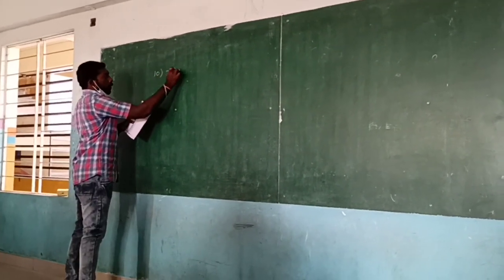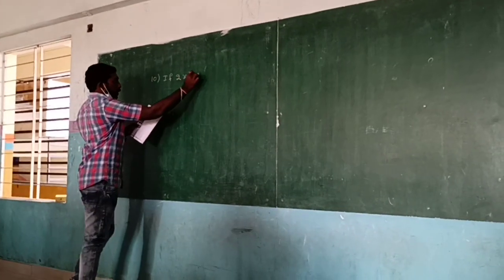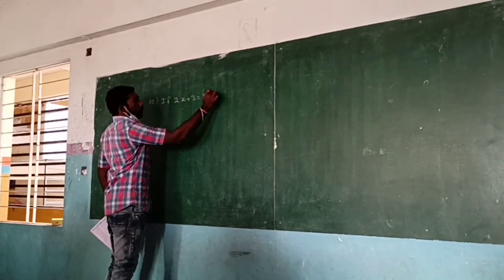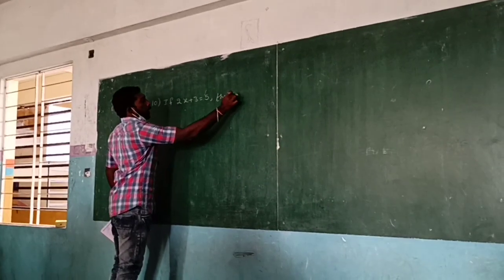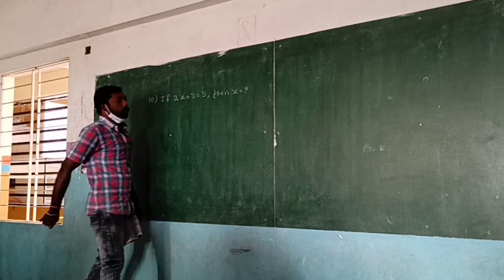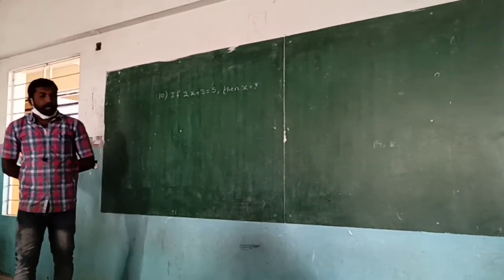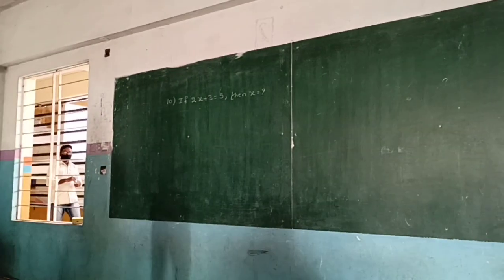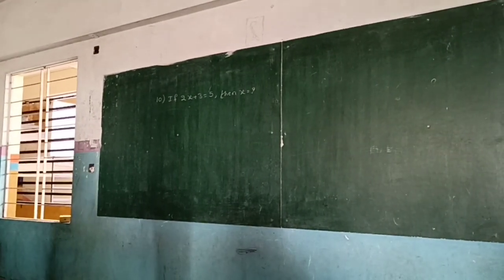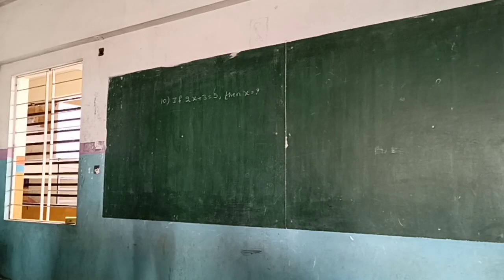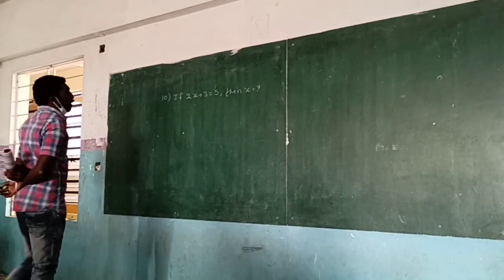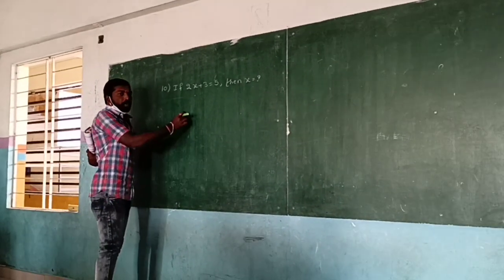If 2x plus 3 is equal to 5, then x is equal to how much? Okay, no? Here this is an equation and we have to find the value of a variable. How to find the value of a variable? Because we are solving linear equations in one variable.